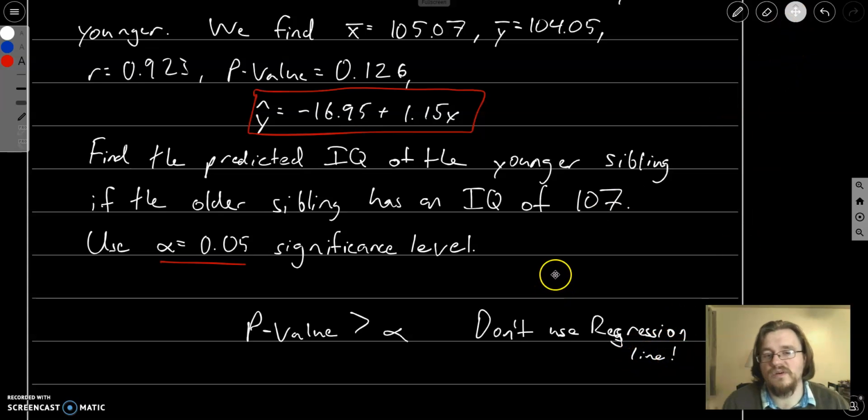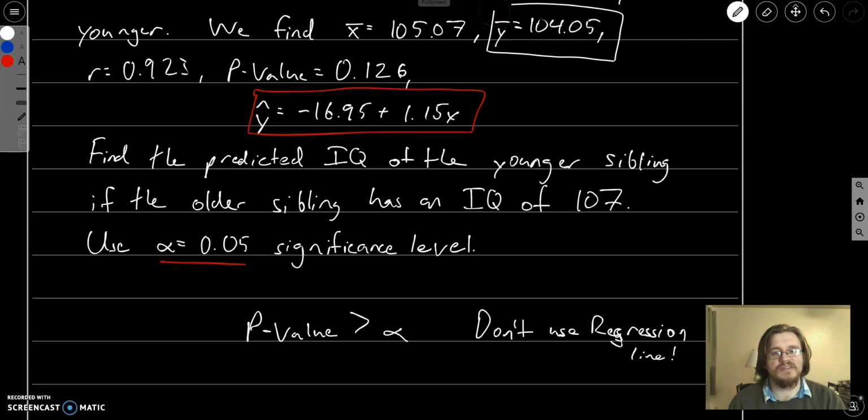Okay, so if we can't use a regression line, does that mean that we're done? We're sunk? Nope. If we just had to make a prediction on what the IQ of a younger sibling is, we'll just use the average in our data sample.